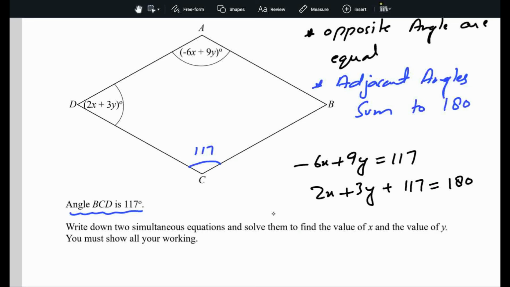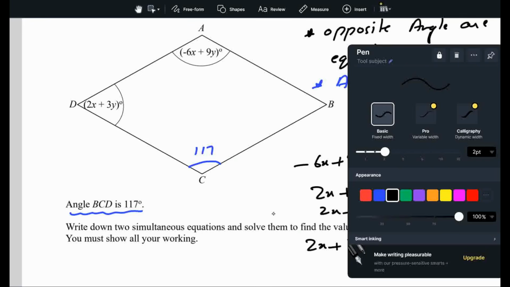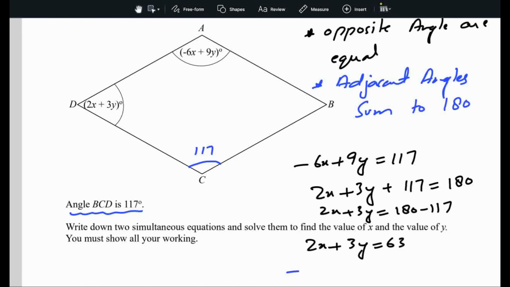Now what we have to do is simplify it. The second equation will be 2x plus 3y is equal to 180 minus 117, so 2x plus 3y is equal to 63. And the first equation was minus 6x plus 9y is equal to 117.